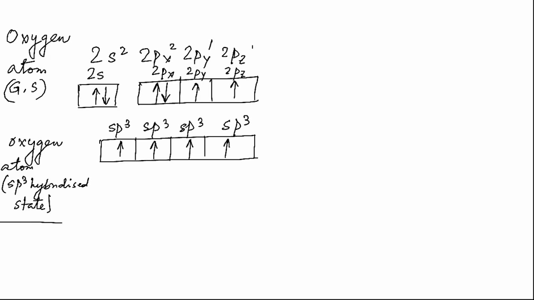So there are 4 sp3 hybrid orbitals, and there are a total of 6 electrons to be distributed. So these give rise to the formation of 2 lone pairs of electrons on the central oxygen atom in the water molecule.